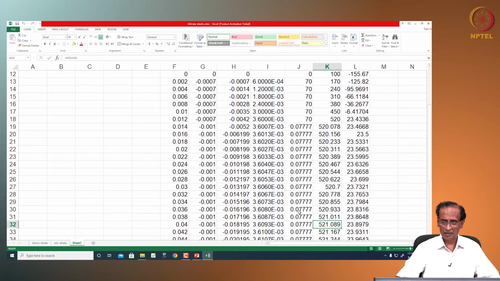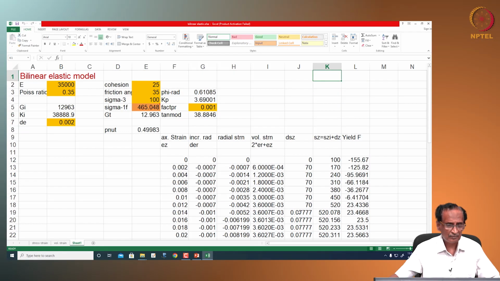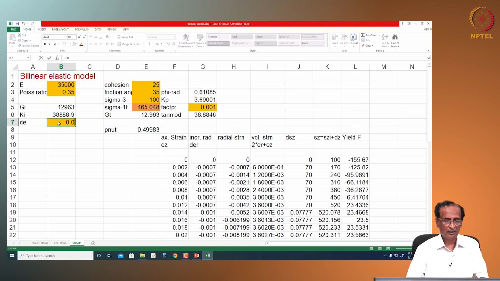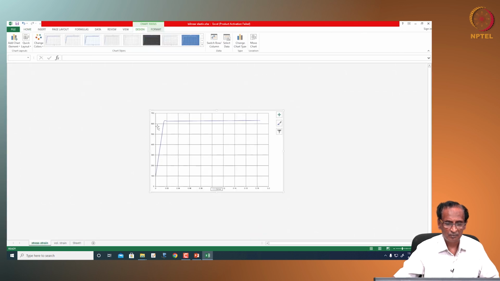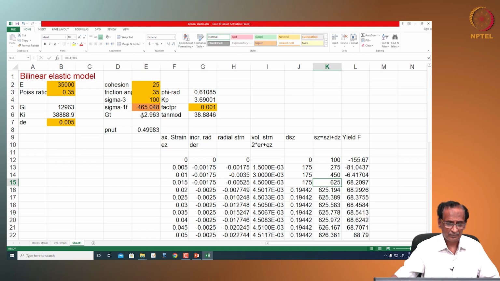Okay. So, now let's see what happens if I apply this in faster increments, 0.005, okay, and see our predicted yield stress is 625. See, it is about 625, whereas our maximum stress is 465.